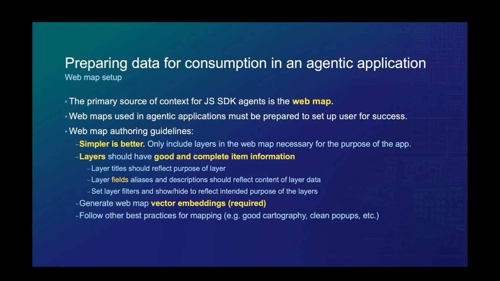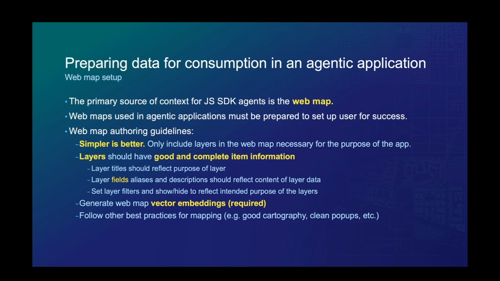And here are some basic guidelines. And some of these cross over with just general web development when it comes to web maps. Simpler is better. If you're going to have 50 layers in your web map, your user is probably not going to be quite as successful with the assistant as if there are 3 layers. So if you can get away with fewer, go with the fewer number of layers and the fewer number of fields.